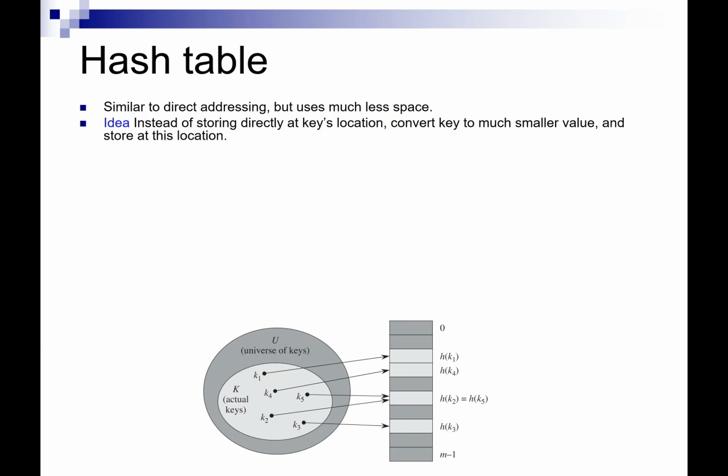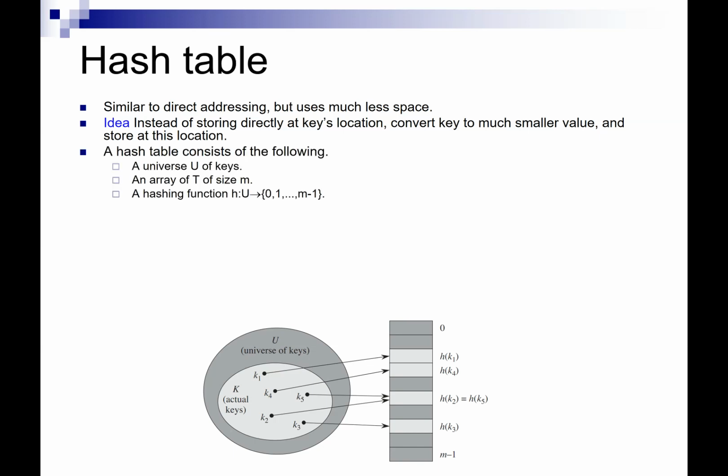So for example, even if you have a 64-bit key, we're going to convert it to, let's say, an 8-bit value, and then store it at a location corresponding to that value. So instead of using 2 to the 64 amount of storage, now you only need 2 to the 8 amount of storage.